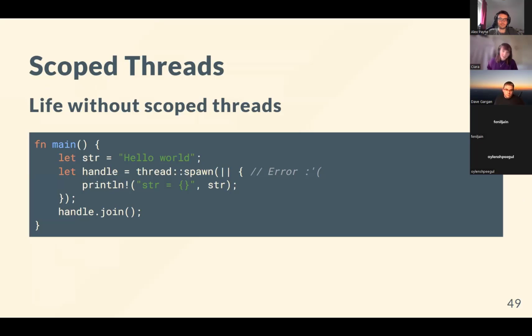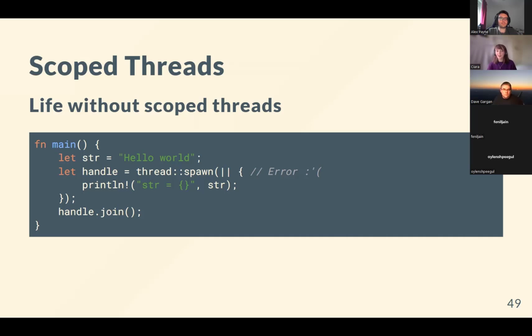Cool. The final thing I wanted to talk about is scoped threads, just briefly. This is kind of new and shiny and vaguely related. Without scoped threads, if you know that data is going to be alive for the duration of your thread, you still can't use it.